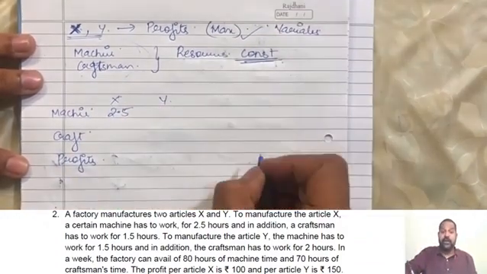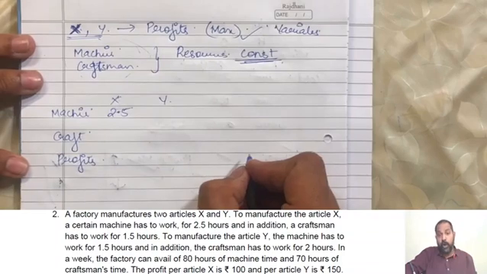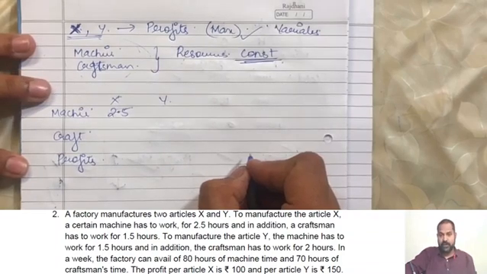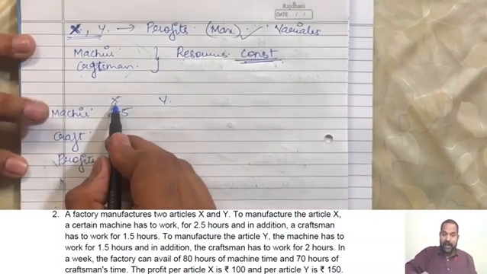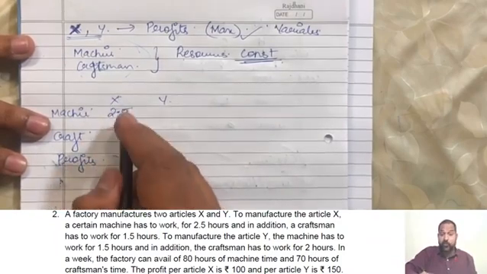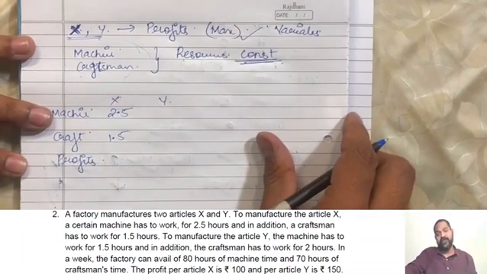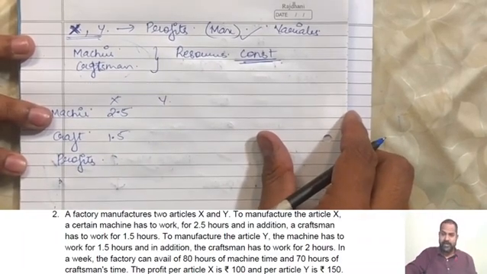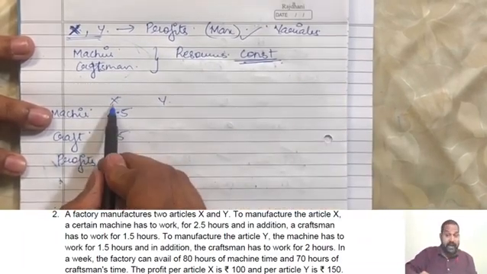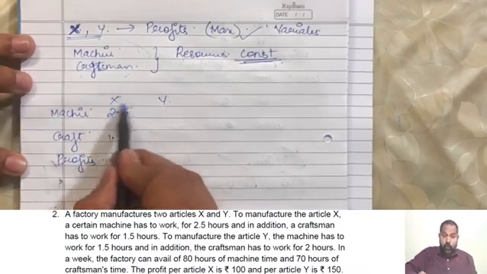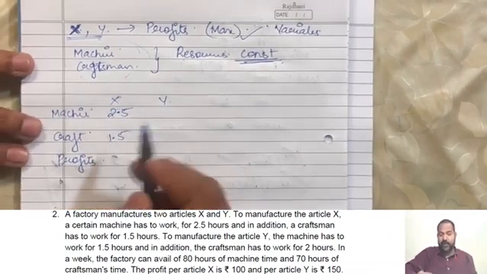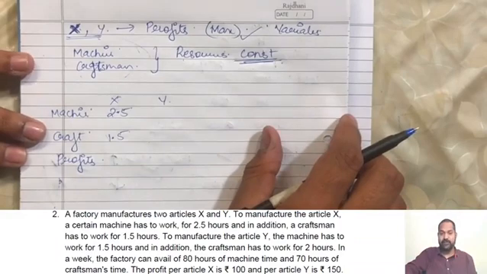And in addition, a craftsman has to work for 1.5 hours. So to make the same article X, after the machine has worked for 2.5 hours, a craftsman has to work for 1.5 hours. Fantastic. To manufacture the article X, a machine works for 2.5 hours and a craftsman works for 1.5 hours.